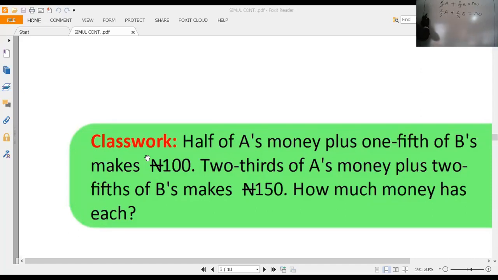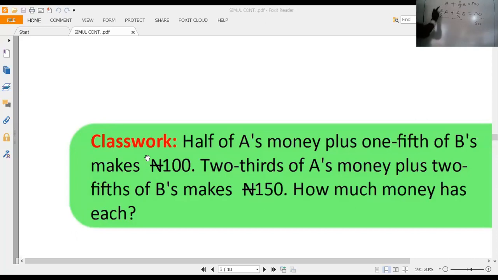Then you have this. 2/2 will give you 1, so what you are left with is just 1 as a coefficient. Next, you do the elimination method. 200 minus 150 will give you 50. 2/5 minus 2/5 means you are successful in eliminating b.